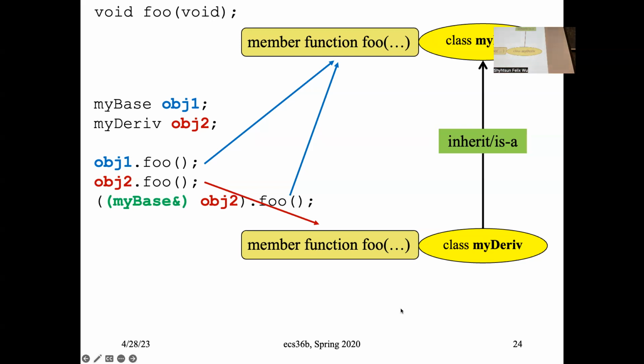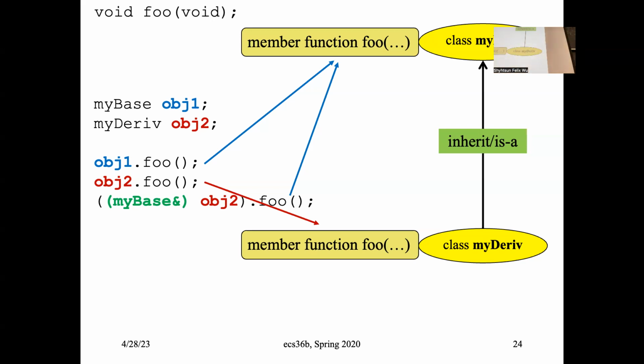Okay, so just remember this slide. If it is a regular member function, when I decide which version of foo I'm going to call, the compiler is going to look at the type of the object before the dot.